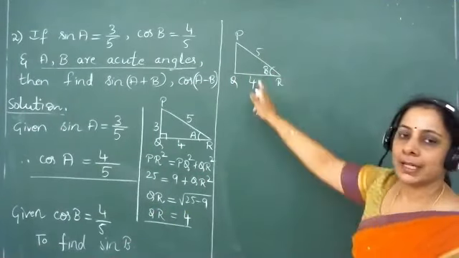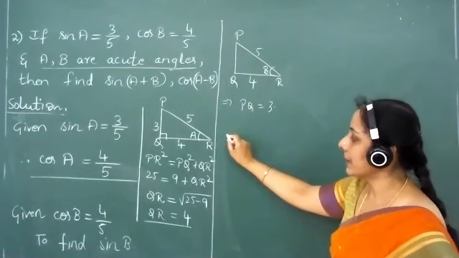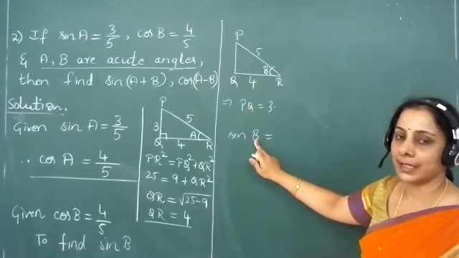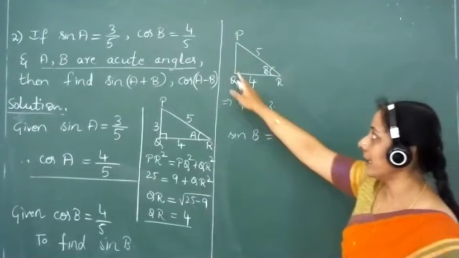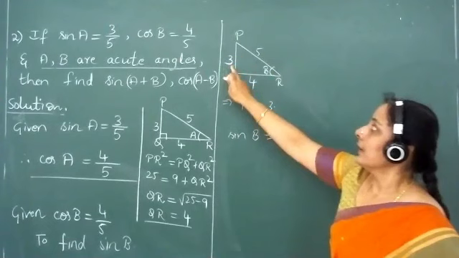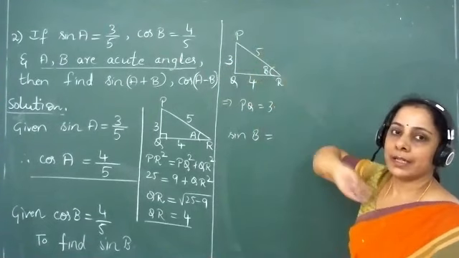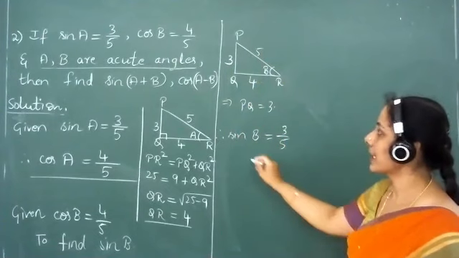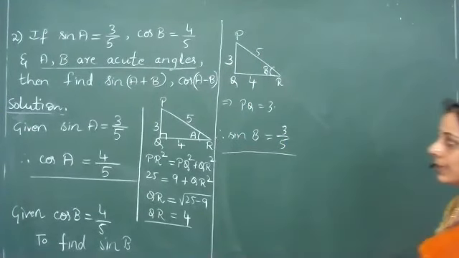Apply again the Pythagoras theorem, and that should imply the measure of the remaining side, that is PQ, as equal to 3 units, and thereby we get the value of sin B. Sine of an angle is supposed to be defined as opposite side of the angle divided by the hypotenuse. So you find here the value for sin B, which is equal to 3 by 5.